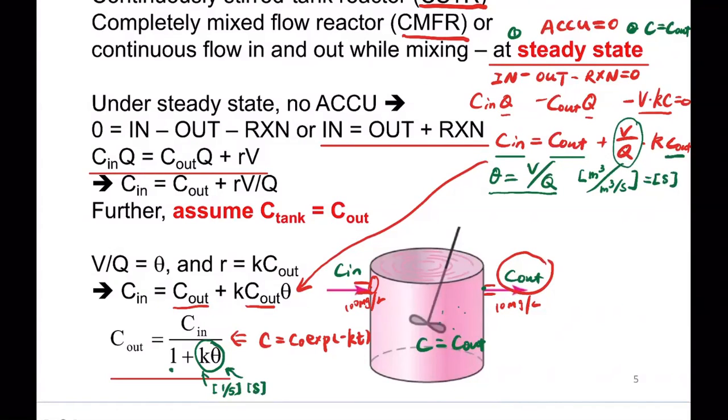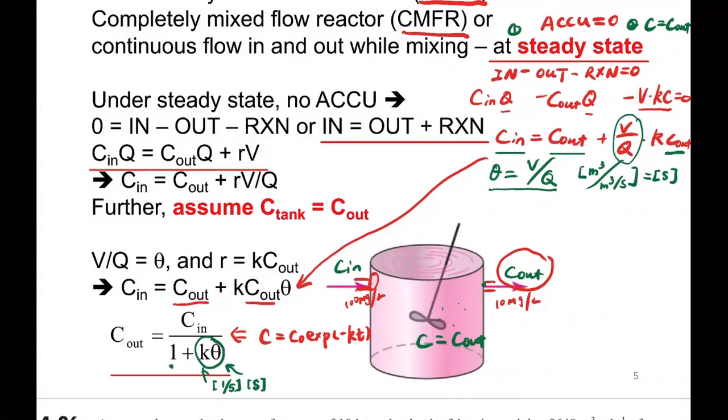So for this substitution, we define a new term that has a unit of time. And people actually define this V divided by Q term sometimes as the characteristic time, the characteristic time of the CSTR of this reactor here, right?